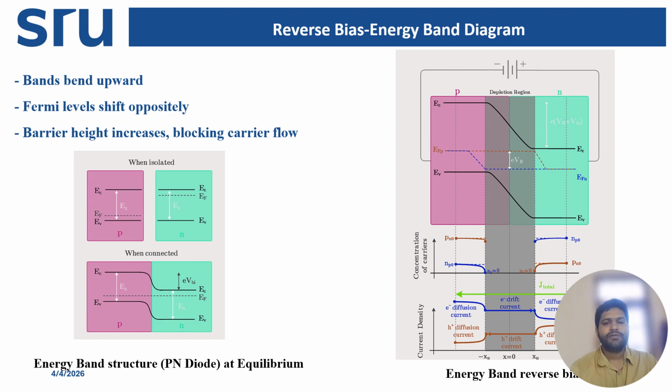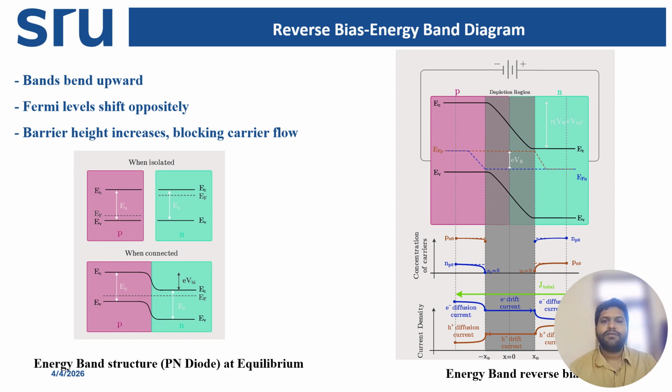As the barrier potential increases, the depletion region becomes wider, and the electric field across the junction becomes very strong. Now imagine the energy band diagram when reverse bias is applied: the band bending increases, the energy barrier becomes higher, and the conduction band on the N type moves further upwards relative to the P side. This means electrons in the N region require much more energy to cross to the P region. Similarly, holes in the P-type region find it very difficult to cross into the N region. So majority carrier movement across the junction is blocked.